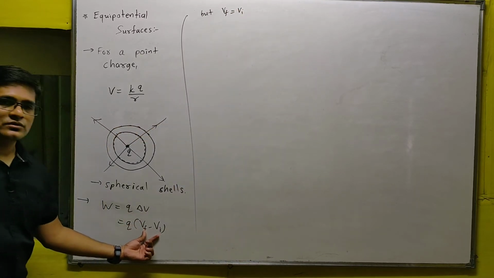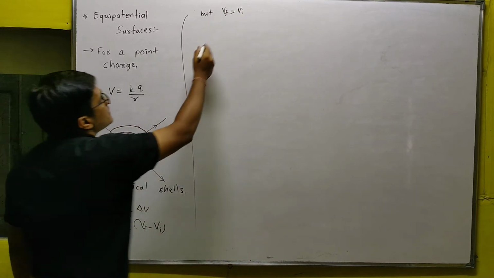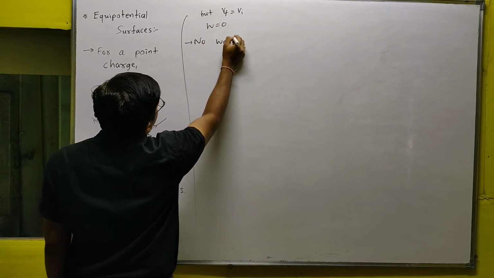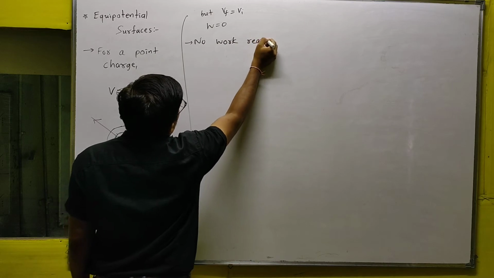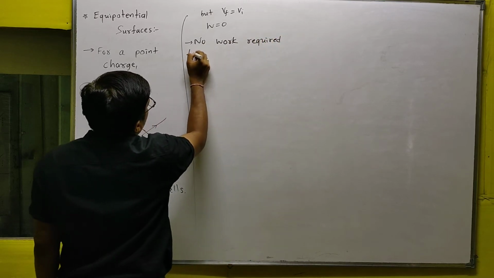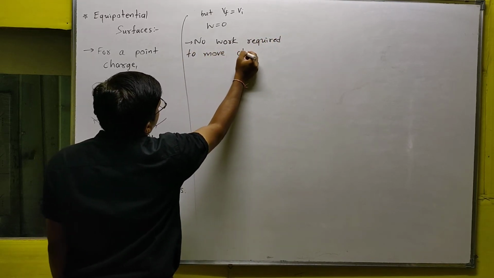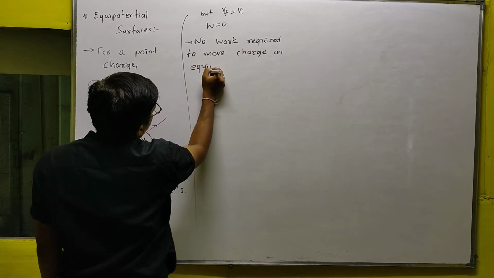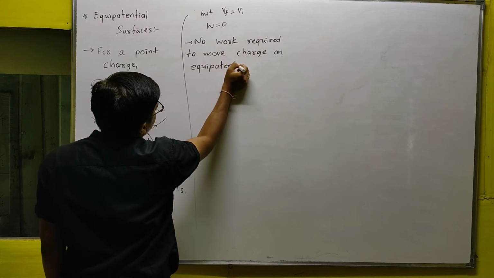So the difference is 0. If the difference is 0, then the work done is also 0. So no work is required to move a charge on an equipotential surface.